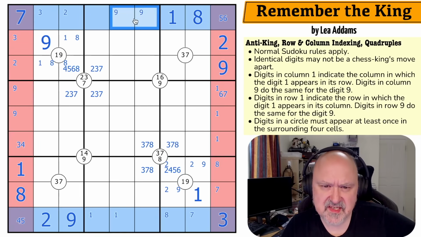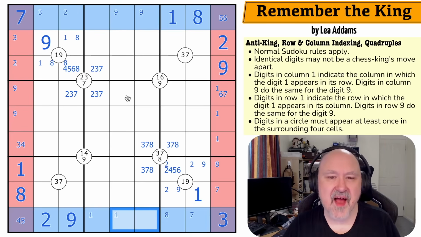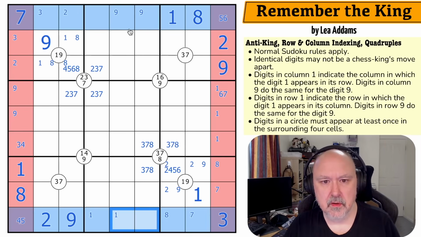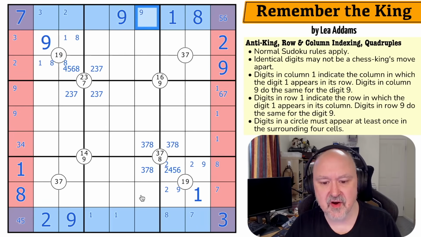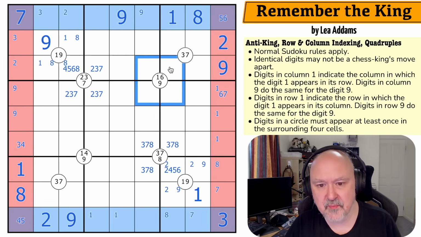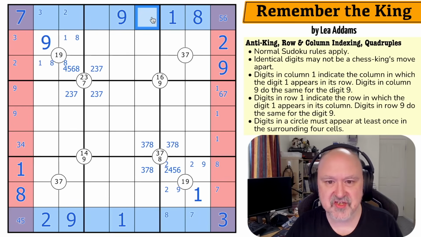So 9 is definitely in one of those. Which means one of these is... Oh! That's beautiful. If that was a 9, that would have to be a 1, and then I couldn't put 9 around it here. This has to be the 9, because if this was the 9, this would have to be a 1, and then I couldn't put 1 around this quadruple. And this has to be the 1 for exactly the same reason. That's so cool.